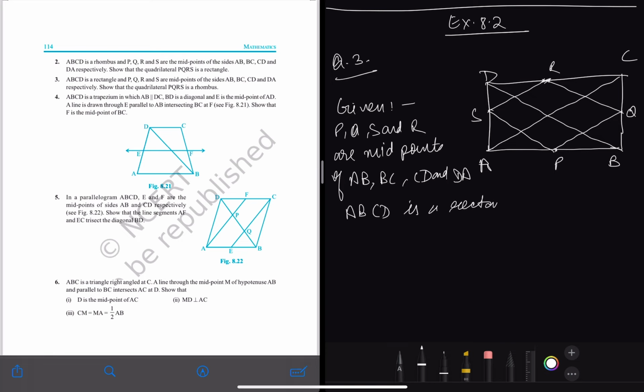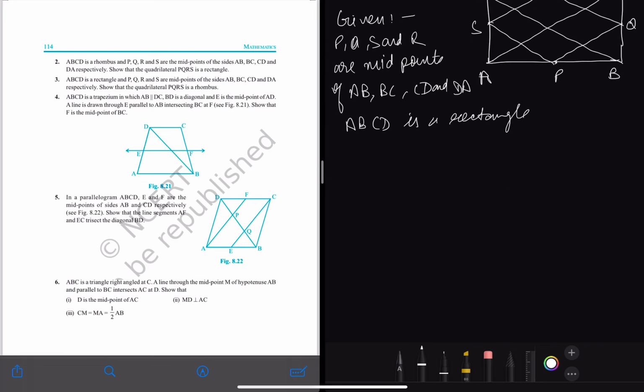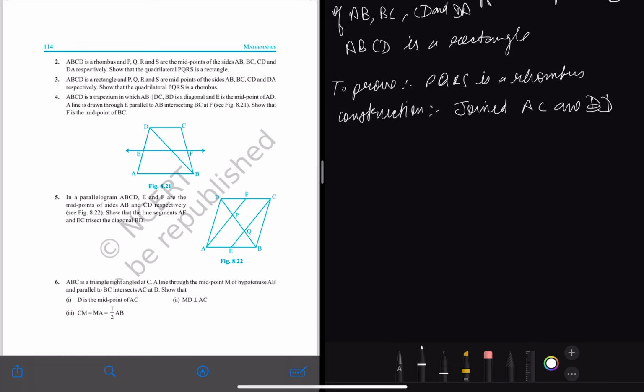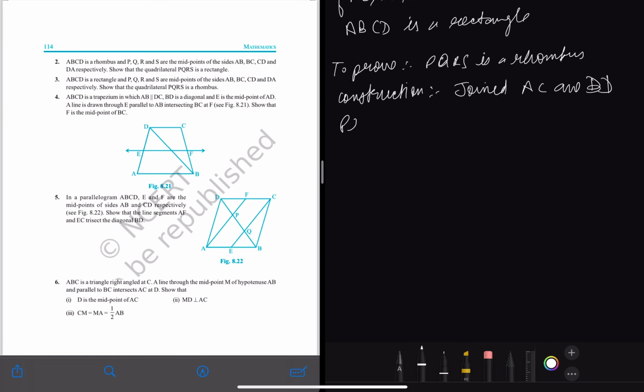This is what is given to you. Now we have to prove that PQRS is a rhombus. So construction: we have joined AC and BD. Okay, so let's now start with the proof.